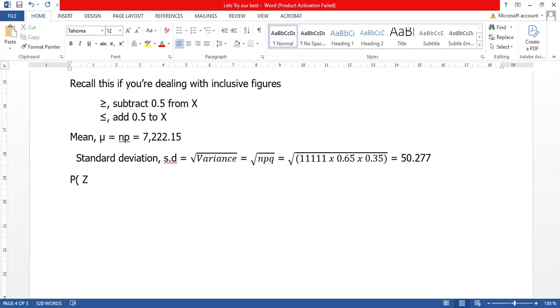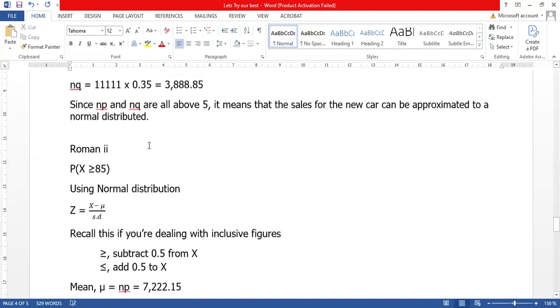Now, when you're standardizing, you don't again say x. It will be the probability of z greater than what?